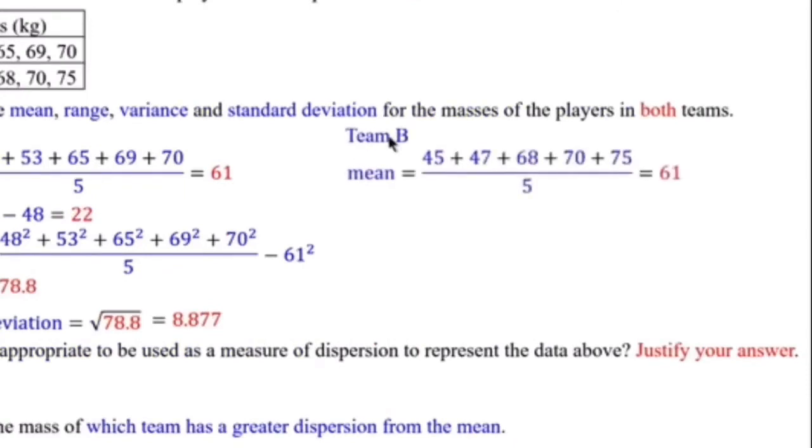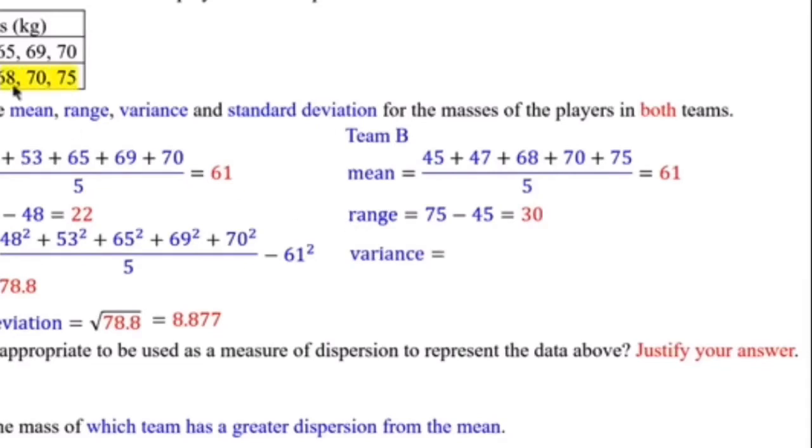Now we find for team B. For the mean, we add all the masses: 45 plus 47 plus 68 plus 70 plus 75 divided by 5. So the answer is 61. Range, we take the maximum minus minimum, 75 minus 45, so the answer is 30.